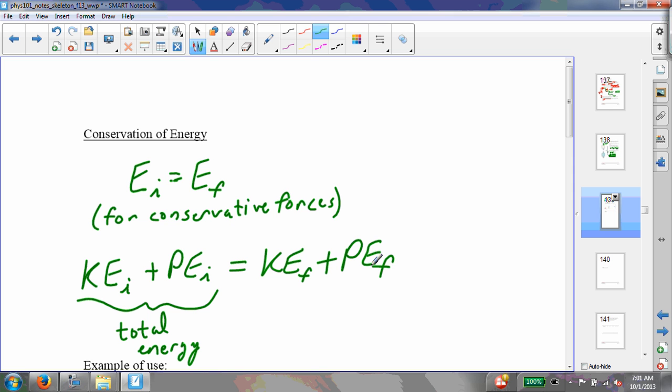And that's assuming only conservative forces, because if you have non-conservative forces, then you're going to have energy that is dissipated or lost into the environment in the form of thermal energy, like when you have frictional forces, things heat up and all that jazz.